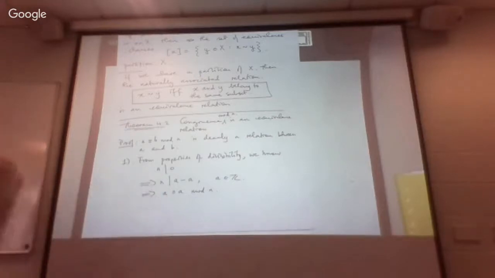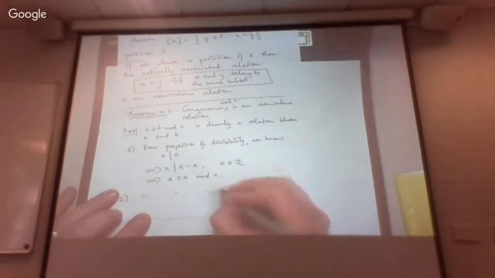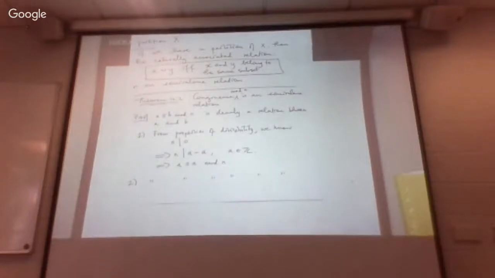Remember, this is the definition of congruence, a congruent to b mod n. The definition of that is n divides the difference a minus b. That's the definition. Now for symmetric. So from properties of divisibility, we're just basically taking the already established properties of divisibility that we have and translating them over into this new language.